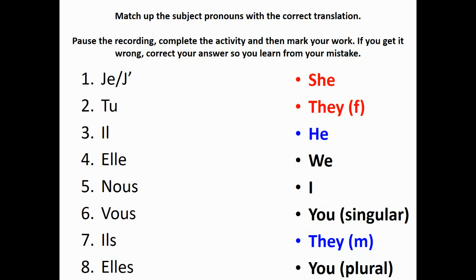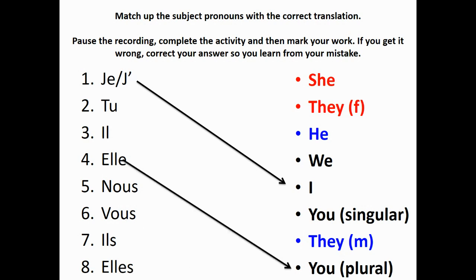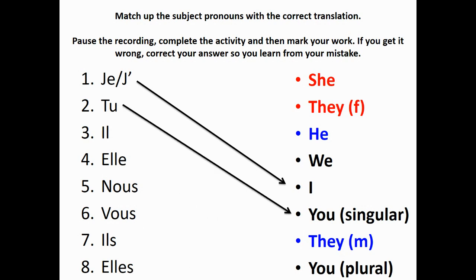Here, this activity we're going to go through, you need to pause the video and see if you can match the numbered items with the colors on the right-hand side. So the je and j' would be I. Tu is you, singular. This is when you're talking to one person and you know them well, or they are a child, anyone under, say, the age of 18 or 19.